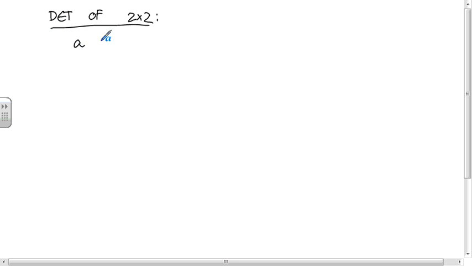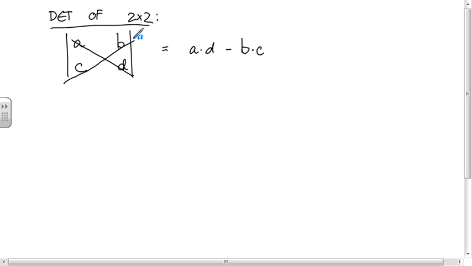So if you have A, B, C, D, the determinant is A times D minus B times C. Okay, so you go this minus this.